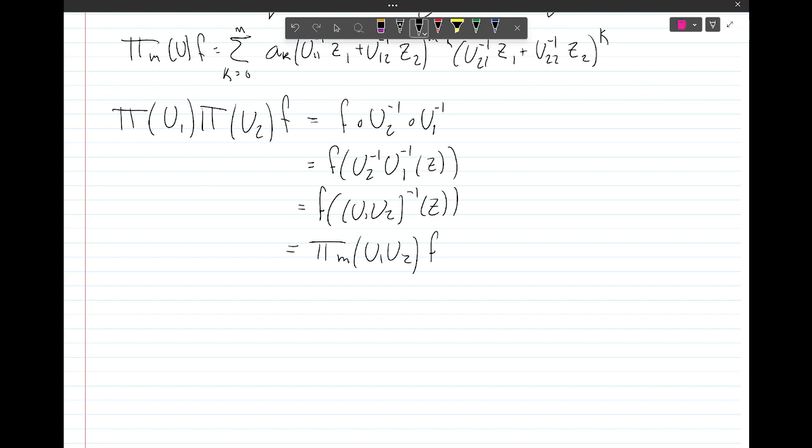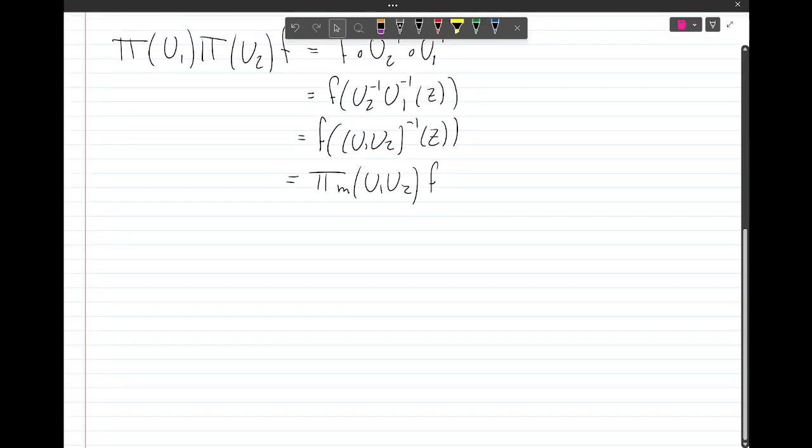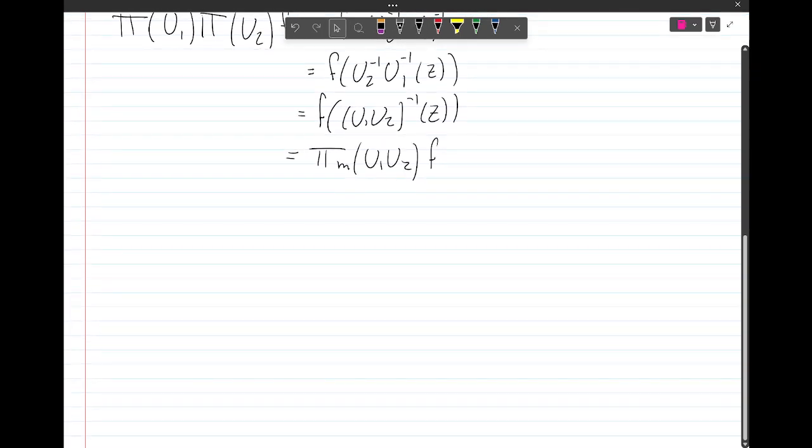Because of how nice matrix Lie groups are, we'll be able to directly compute the Lie algebra homomorphism induced by this Lie group homomorphism.